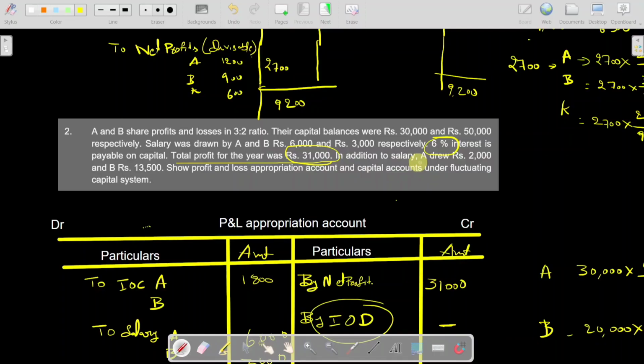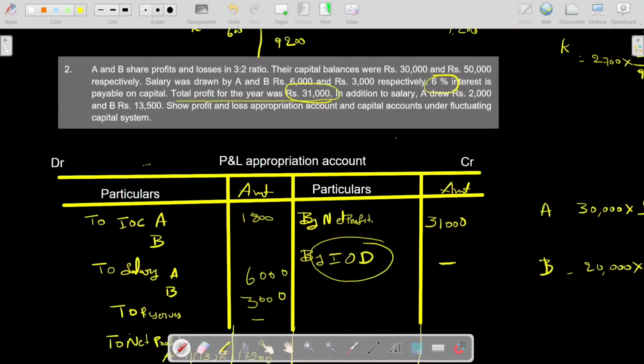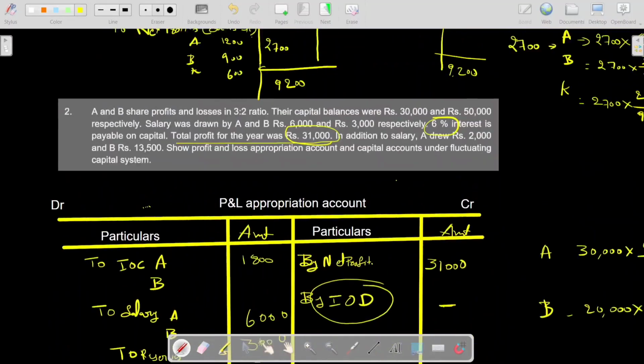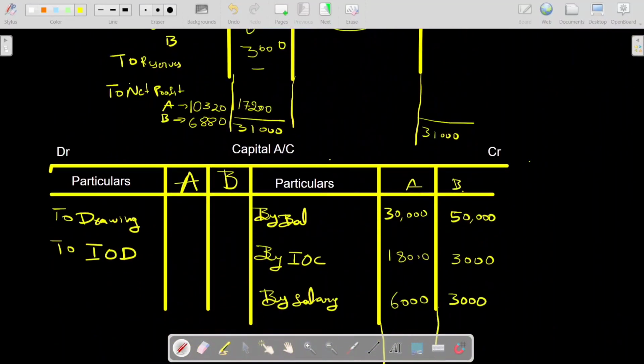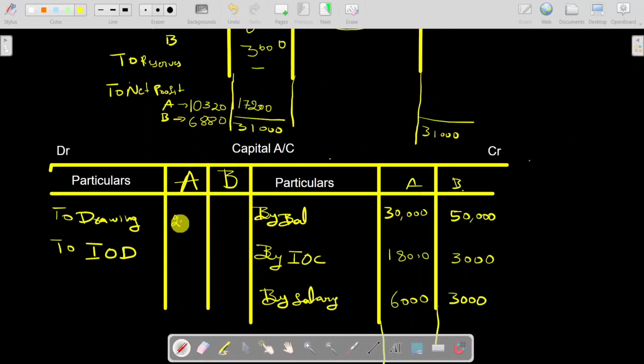In addition to salary, A draws 2,000 and B draws 13,500.